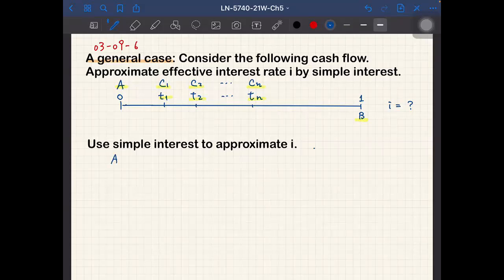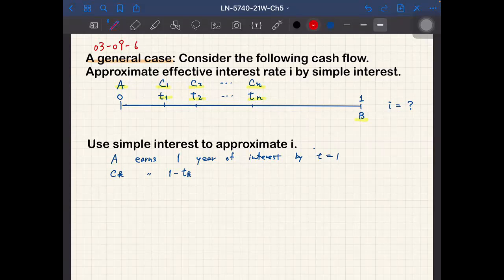So $A at time 0 earns 1 year of interest by t equals 1. And the Ck is a little confusing. Ck earns basically 1 minus Tk years.